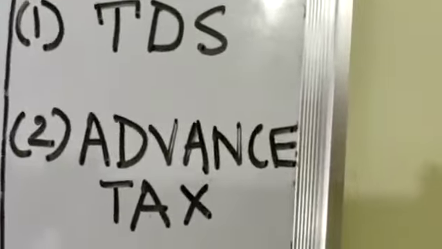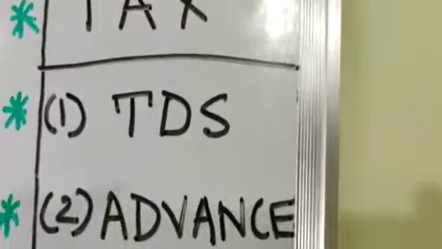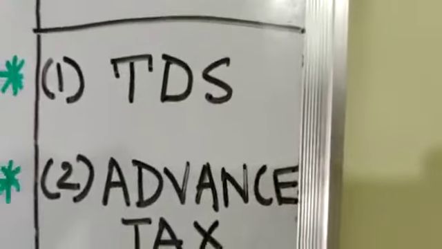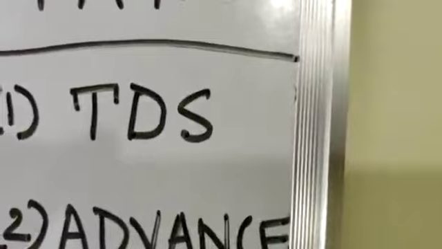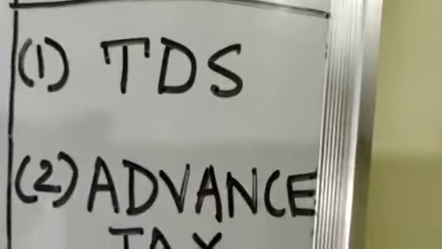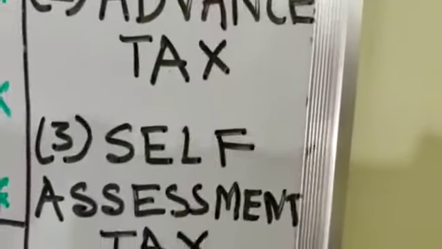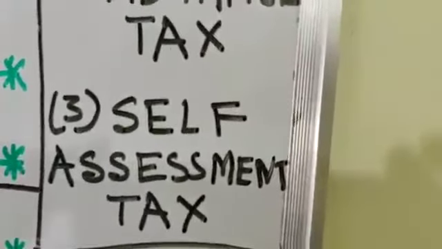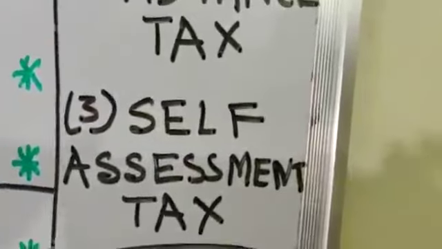Normally this advance tax and TDS should take care of my entire tax liability. But for any reason, if there is any shortfall, that means my entire tax liability can't be discharged by way of TDS and advance tax, then the remaining portion I can pay as self-assessment tax at the time of filing of income tax return.